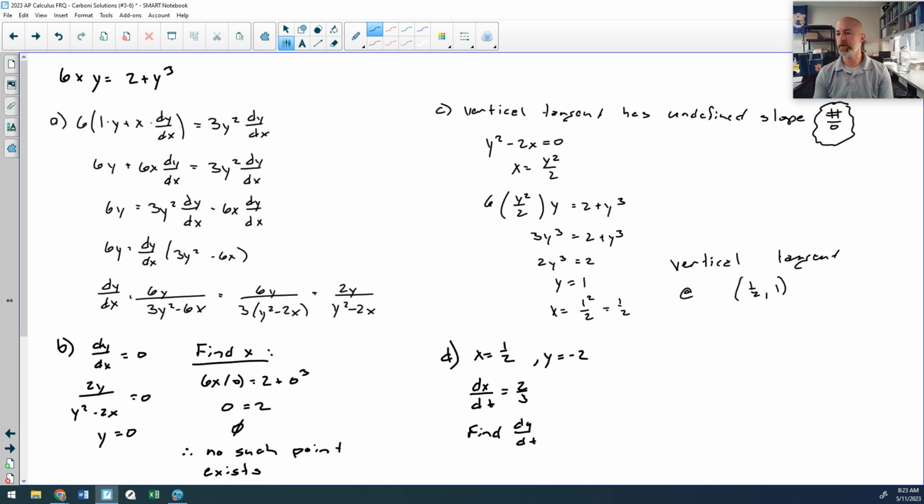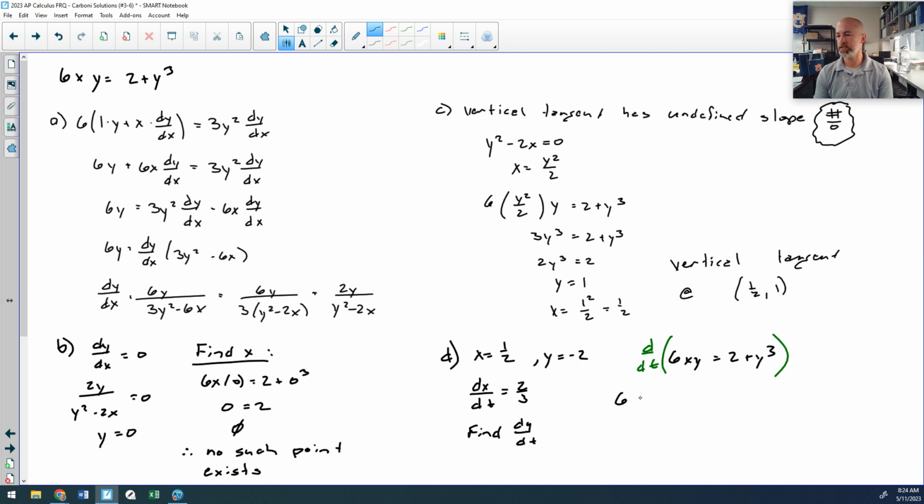So we're going to do implicit differentiation. I need to differentiate the original equation with respect to t. So I think I'm going to rewrite it here. 6xy equals 2 plus y cubed. And then I want to differentiate this with respect to t, which we will again have that product rule on the left side.